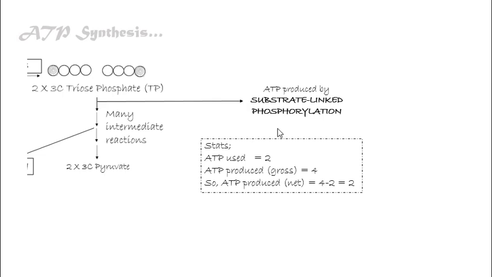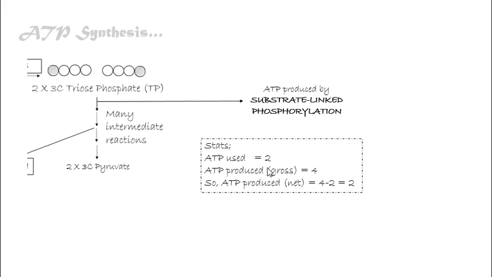So now that you are hopefully clear with what substrate-linked phosphorylation is, let's take a look at the general overview of the amount of ATP produced. Now, as I mentioned at the beginning, during the initial part of glycolysis, two ATP molecules are used to phosphorylate glucose into fructose 1,6 bisphosphate.